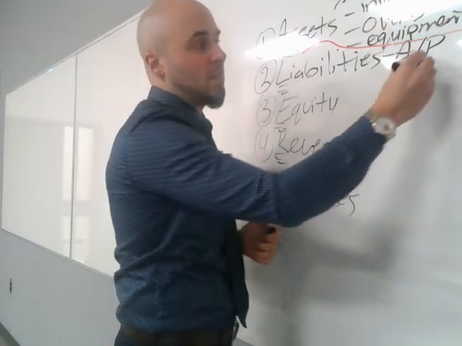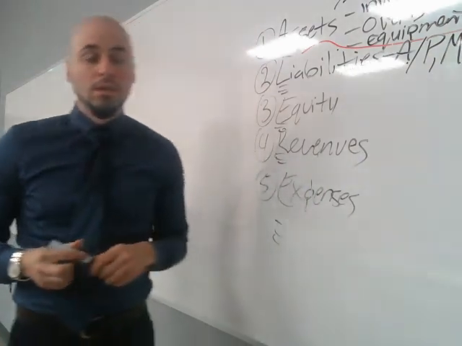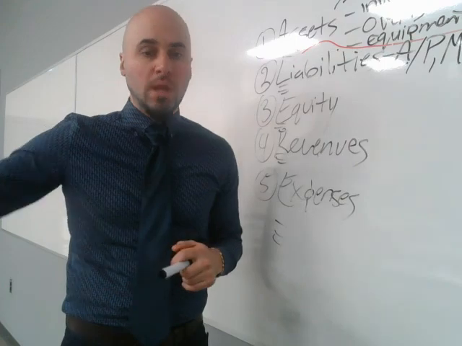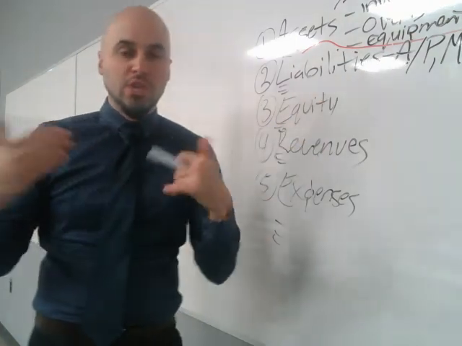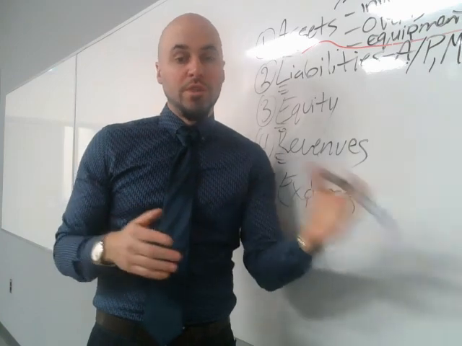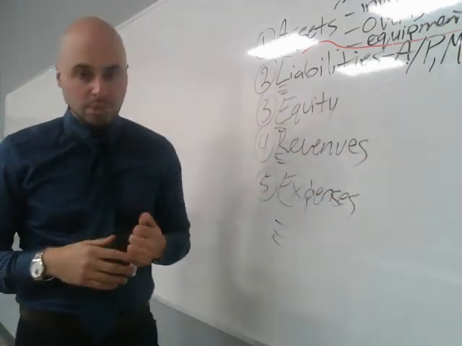If it's a building, let's say, then it would be called mortgage payable, MP. Right? Mortgage payable is more for a long-term liability. Accounts payable is generally for short-term liabilities. Short-term, long-term, by the way, within a year, beyond a year.